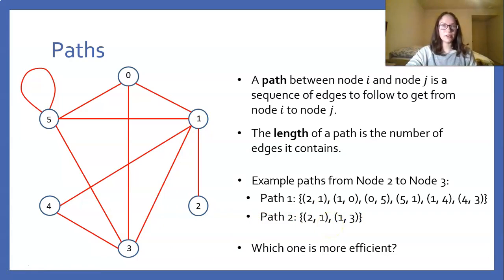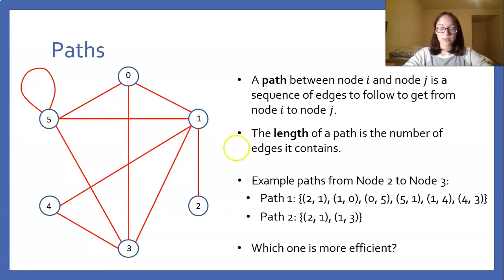There are a number of different paths that you can take from one node to another. The way we can distinguish these paths from each other is by the length. The length of a path between two nodes is the number of edges that it contains, right?